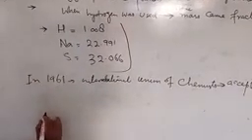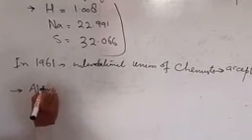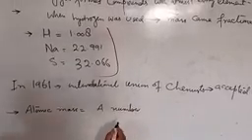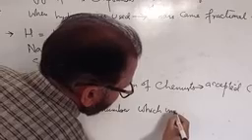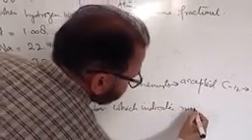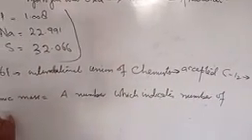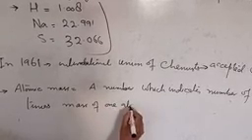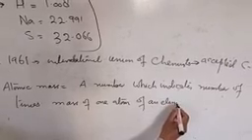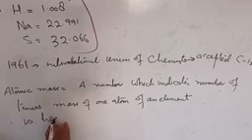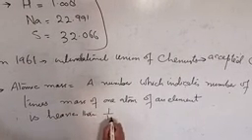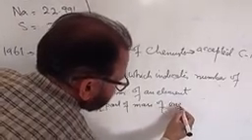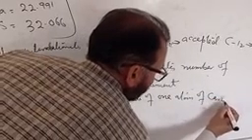So here atomic mass can be defined as a number which indicates the number of times the mass of one atom of an element is heavier than 1/12 part of the mass of one atom of carbon-12.